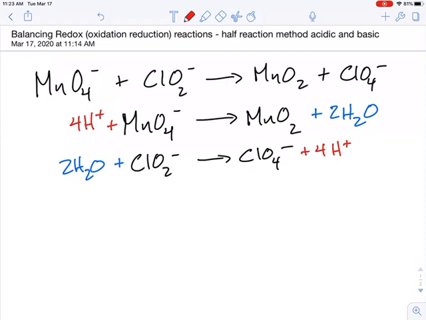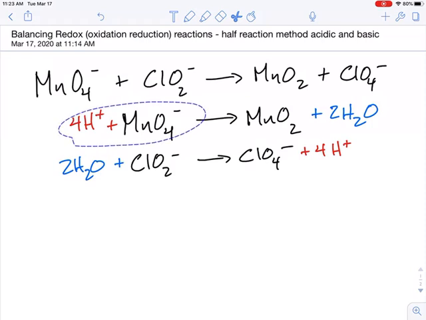Now we need to balance out the charge. And to do that, we're going to be adding electrons. And so we take a look at the charge component, and we notice that on the product side here, nothing has a charge. So that's a 0 charge. So we want to make sure that the reactant side also has a 0 charge. And so looking at it, we have the MnO4 with a 1 minus, and we have 4 H pluses, so positive 4 in essence.